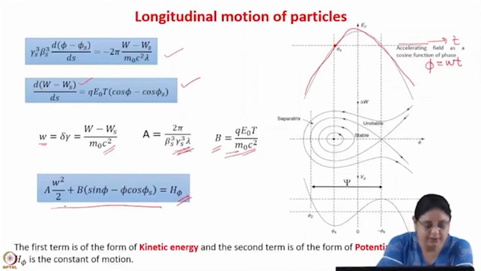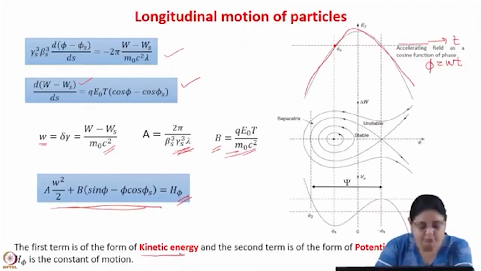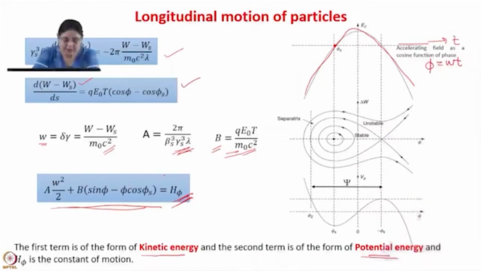Now if we look at this expression, we see that the first term is of the form of kinetic energy and the second term is of the form of potential energy, and H phi is the constant of motion. If you plot this in the longitudinal phase space, it will give you the trajectory of the particle depending upon the value of H phi.